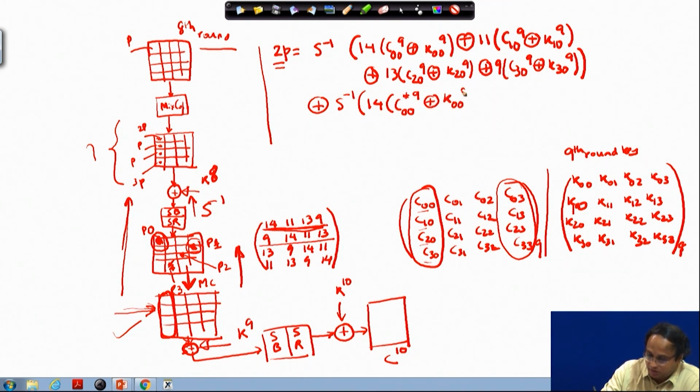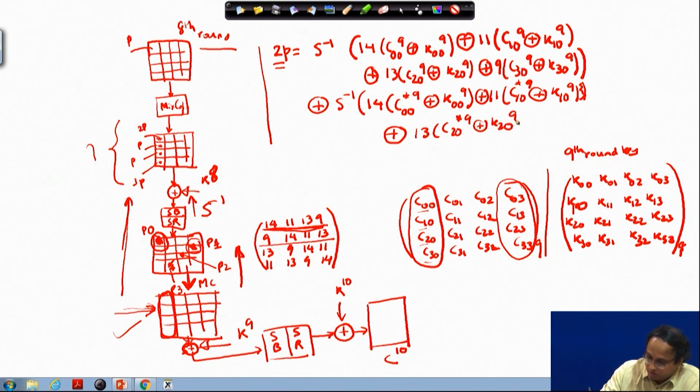So you get K009 XORed with 11 multiplied with C109, but again there is a star, XORed with K109 XORed with 13 C209 star, XORed with K209 XORed with 9 times C309 star XORed with K309. Okay. So at this point you have come to 2p. You have got this differential, and from this differential you have to come to this location, take in the S inverse, and you have got this differential now.